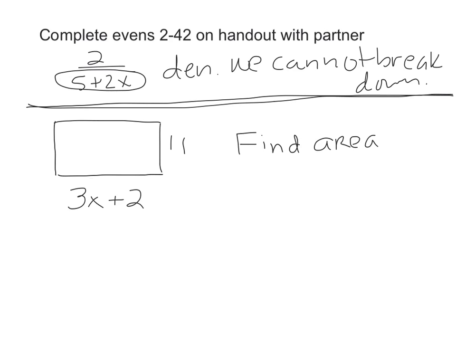You have to leave it like that. The only time you're able to do what we were doing on the previous screen is if the adding or subtracting is in the numerator. Go ahead and work on those problems. In a couple of minutes we'll go over the answers, and then we're going to talk about these last two problems.